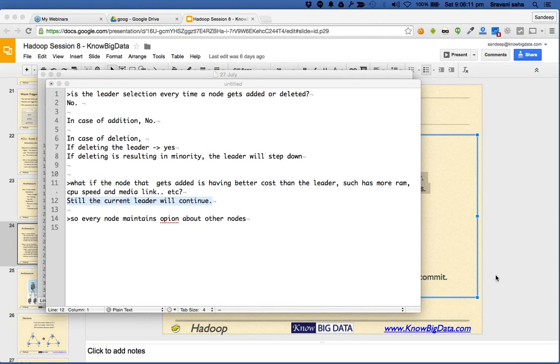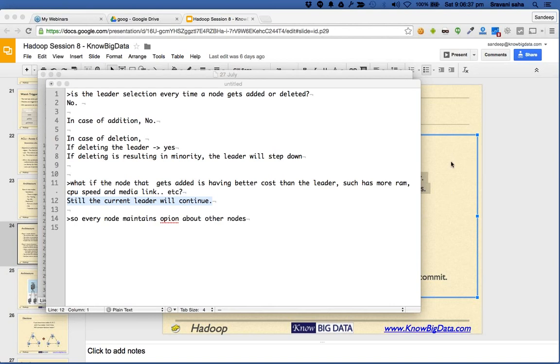Even if the newer node is really powerful and very good, still the current leader will continue. What you can do in these scenarios is force the current leader to stop, and then the newer node may become the leader. But there is no guarantee that your more powerful node will become the leader.